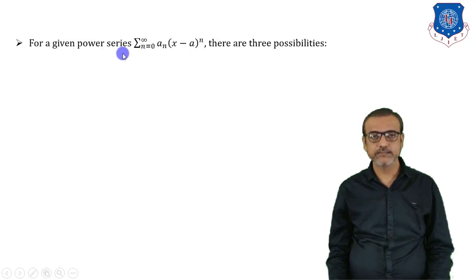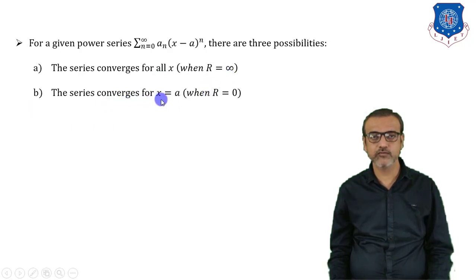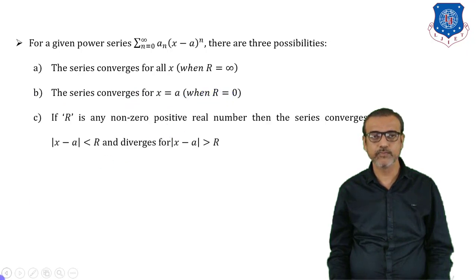For the given power series, sigma n from 0 to infinity an (x minus a) the whole raised to n, there are three possibilities. First, the series converges for all x when R equals infinity. Second, the series converges for x equals a when R equals 0.